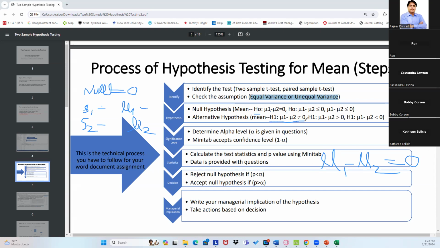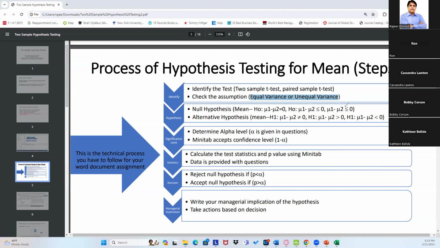Alternative says this is not 0, something is useful. Similarly, it could be mu1 minus mu2 is less than or equal to 0, and the alternative says mu1 minus mu2 is greater than 0. So basically you see in the null hypothesis, two symbols are there together, equal or less than, equal or greater than, whereas the alternative has only one symbol.